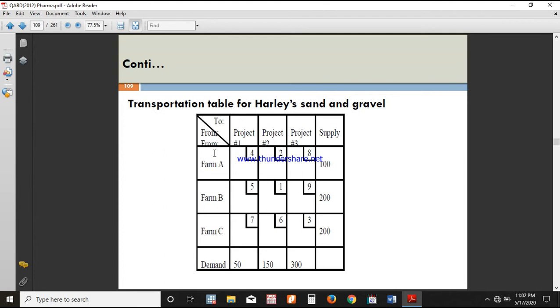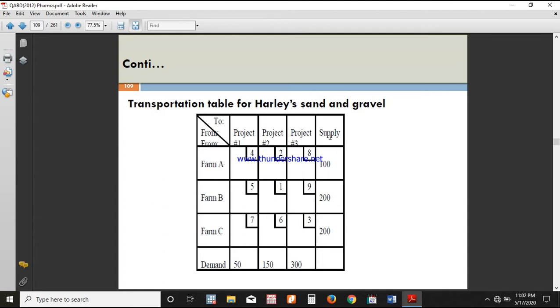Here you can put on the left hand side of your column these 3 farms, A, B, and C, and on the right hand side of the top margin, the 3 projects 1, 2, 3, with the supply. Farm A is capable of supplying 100 cubic tons, farm B 200 tons, and farm C 200 tons to these projects.